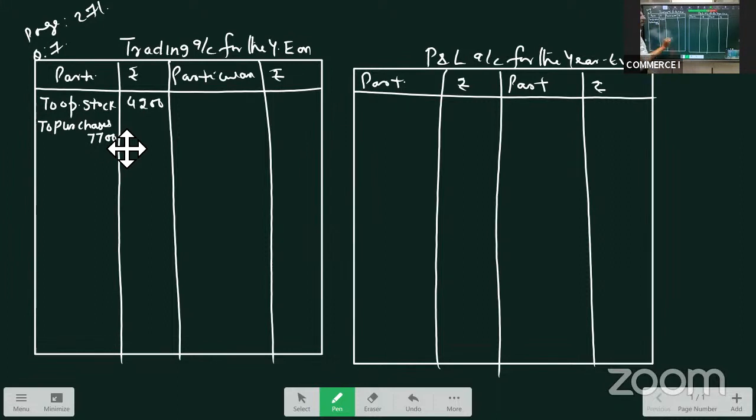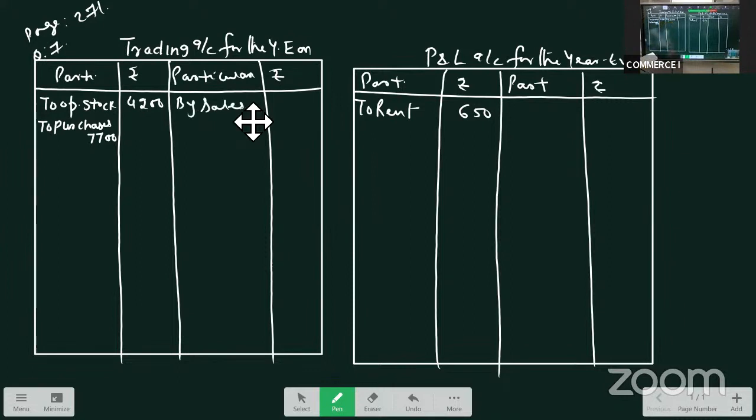Then we have rent. Rent is an administrative or office expense that I'll take in P&L account. I am preparing trading account and profit and loss account simultaneously, and simply eliminating the items given in the trial balance. Then sales. Sales will appear in trading account, credit side.